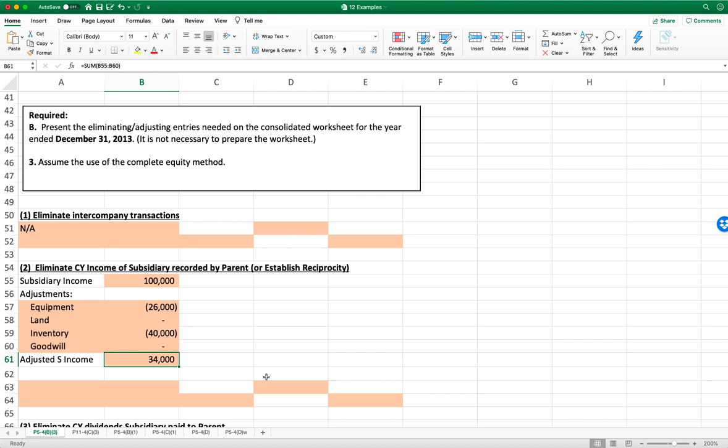So when we need to undo that entry, we're going to decrease investment in S by the same amount it was increased during the year. And we are going to decrease equity in S income by the same amount that it was increased during the year. And that amount would be the $34,000 times our ownership percentage of 80%.